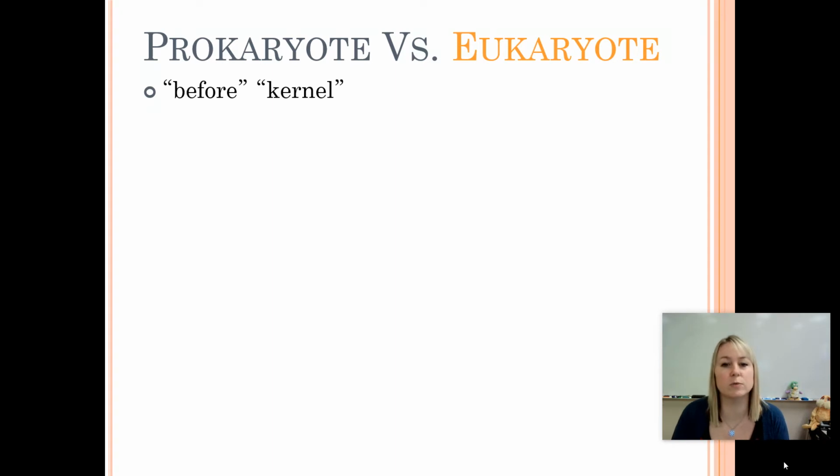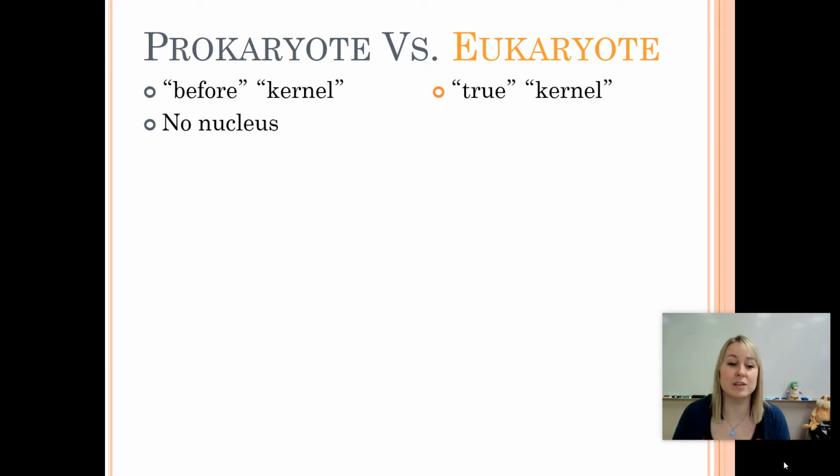They evolved first, whereas eukaryote translates in Latin to eu, meaning true, and kary, meaning kernel. So this is a true kernel, a true little packet inside the cell. So that's ended up being a nucleus. This kernel that they were looking at and observing was the nucleus.